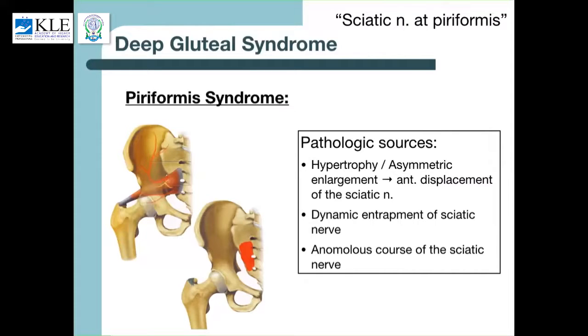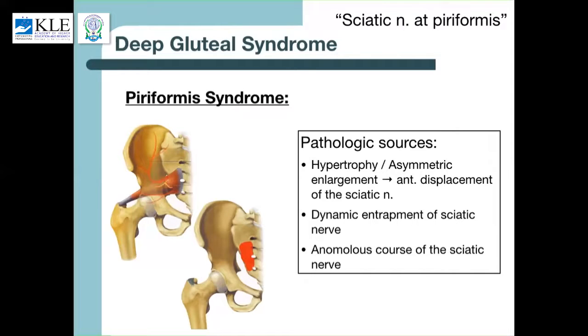And you can get hypertrophy of that muscle. You can end up getting asymmetric enlargement that will displace the sciatic nerve, and that can also create a dynamic entrapment of the sciatic nerve. But also you may get pathways of how the sciatic nerve moves around, through, or in between the piriformis muscle.